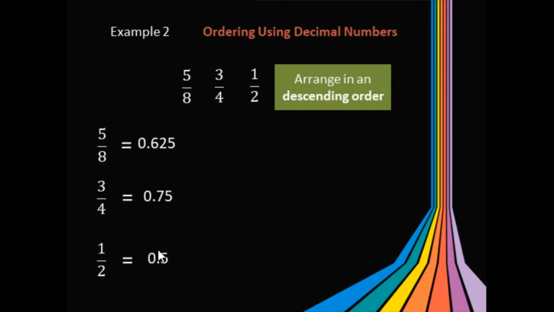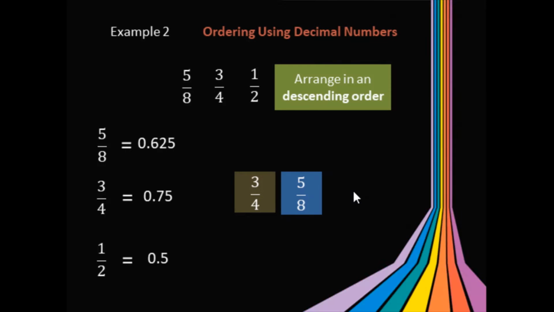What value is the highest? Okay, very good. We have 3/4, followed by 5/8 and 1/2. So this is how we arrange fractions using decimal numbers.